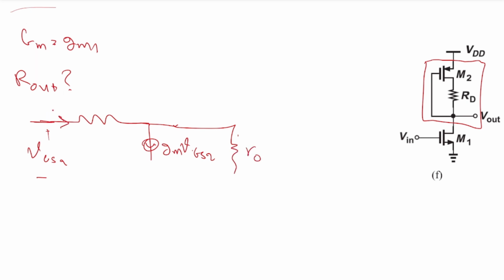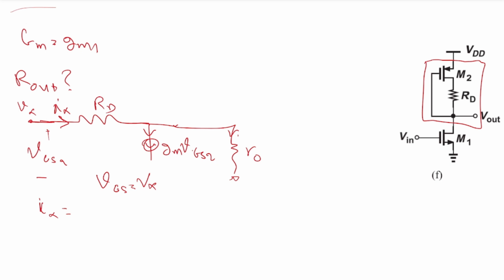So let's calculate the current flowing through here. This is Vx, the voltage source from here. Ix is the current flowing through here plus the current flowing through RO. Also VGS is equal to Vx from this model.